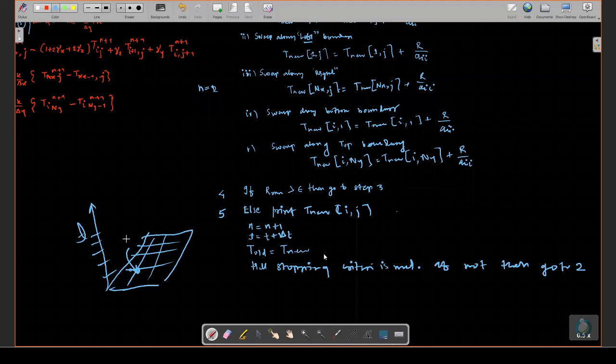You understand that? That has to be understood. And we keep on moving from n1, n2, n3 like that. Then finally, step 6, we print the values. Okay, so I stop here. Thank you.